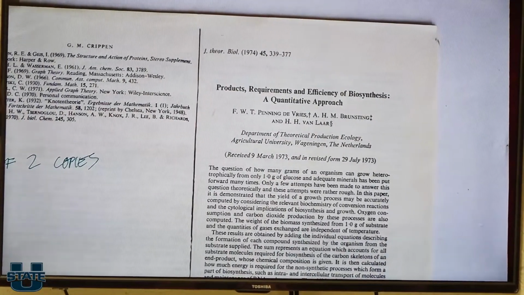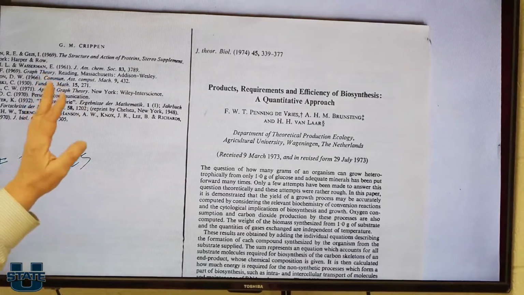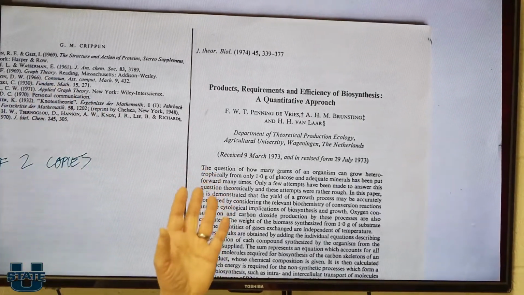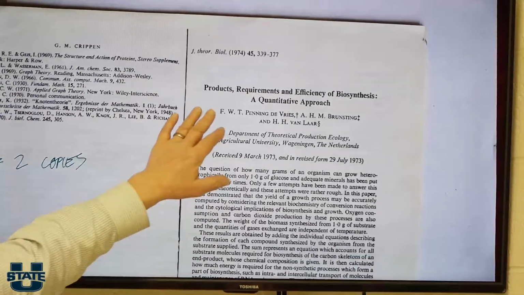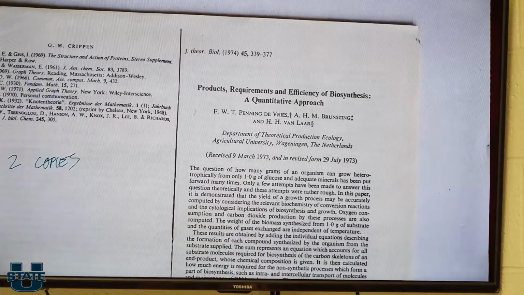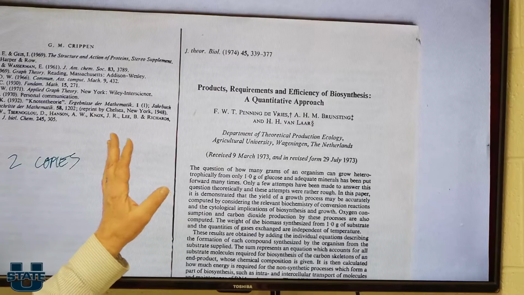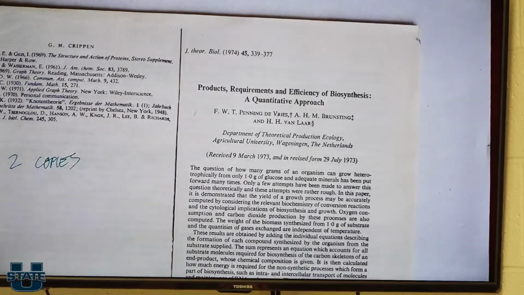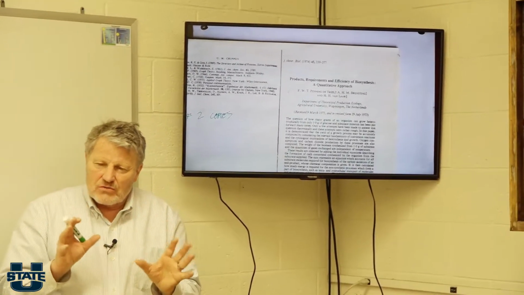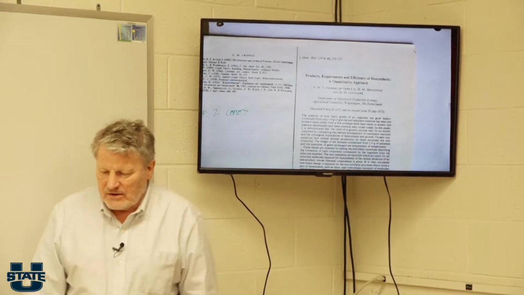And this is a long paper that I've studied many times, and I'm going to synthesize it for you. Products, requirements, and efficiency of biosynthesis, a quantitative approach. So we looked at how many bonds there were, how hard it is to make these compounds.